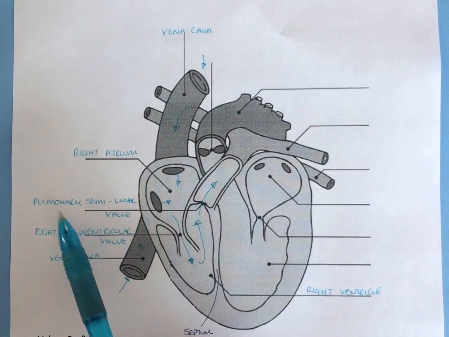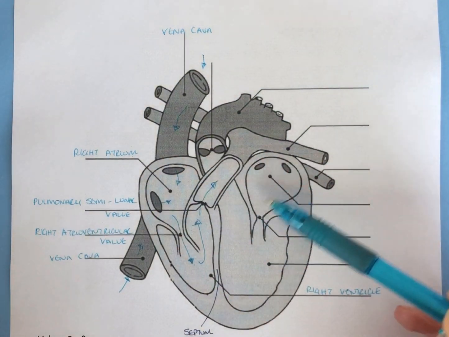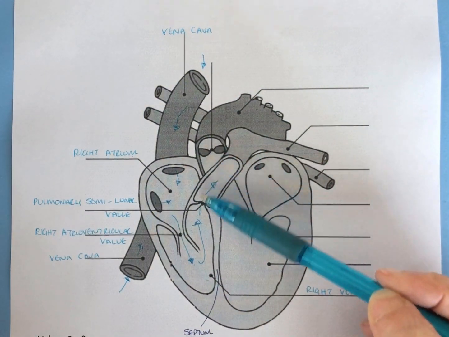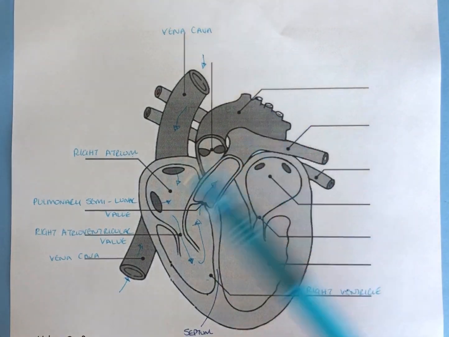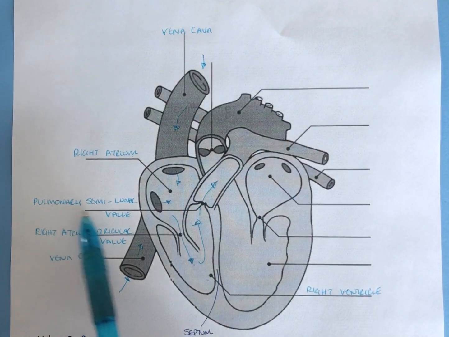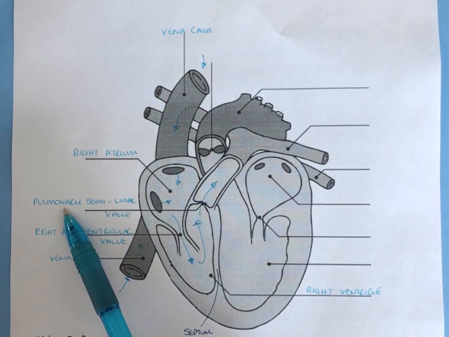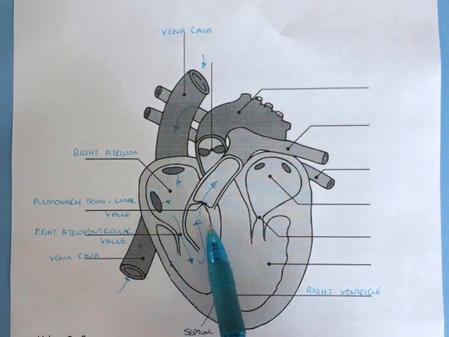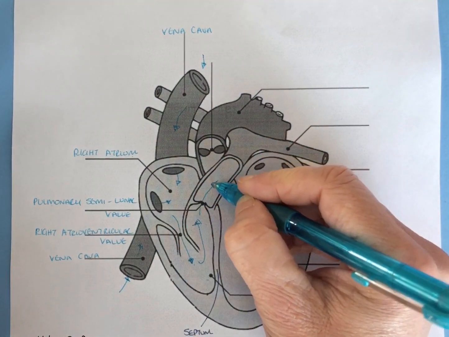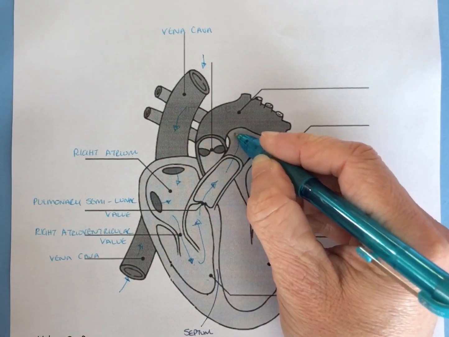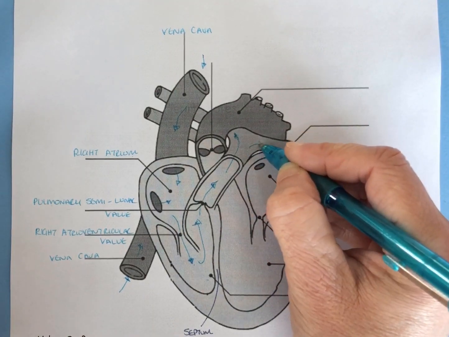Now, how to remember that name is, these two valves here are both semilunar valves, okay? But here's the thing, this one is going towards the lungs, and anything to do with the lungs is called pulmonary. So it's a pulmonary semilunar valve. And then the blood comes up here, and then it travels towards the lungs, okay?